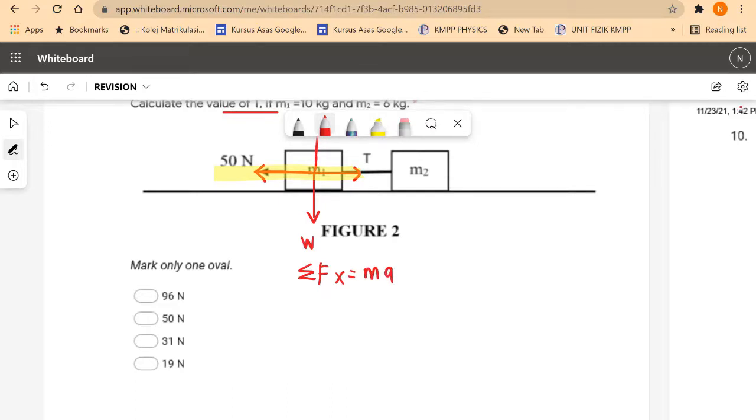The force in the same direction as the acceleration is 50 Newton, so 50 Newton is positive, and T is in the opposite direction of the motion, so T is negative. So actually this one is 50 plus negative T equals ma. m is the mass of m1, 10 kg, and acceleration is 3.1. So T equals 19 Newton. So the answer is D.